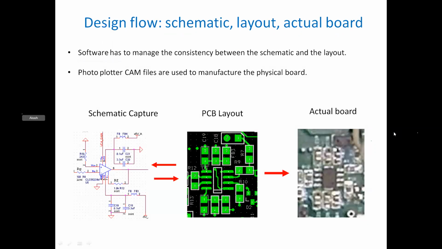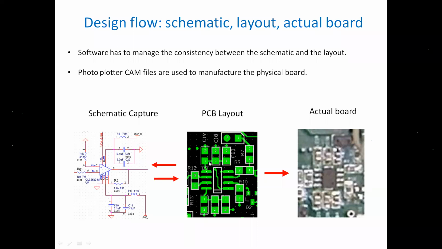And the design flow will be like this: from the schematic capture, it goes to the PCB layout, and from the PCB layout to the actual board manufacturing. We need to have the schematic capture with these components, that is, op-amps, ICs, capacitors, or resistors, which can be inserted from the schematic library, and this has to be translated to the PCB layout with the footprints as components.